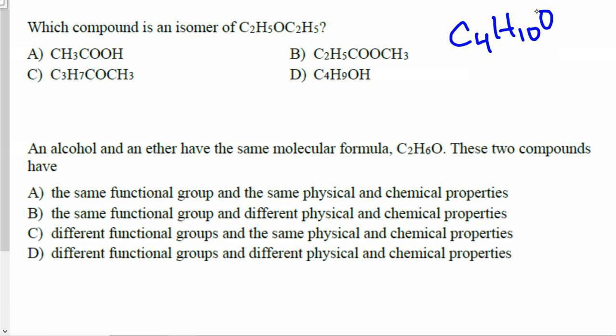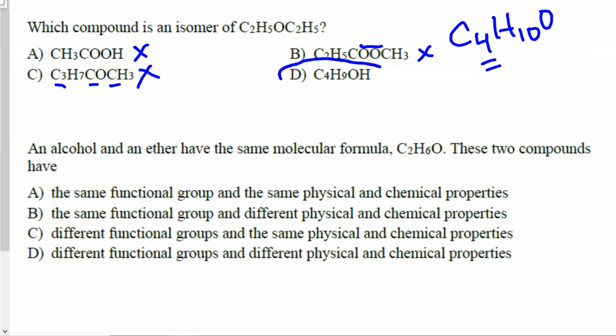So I'm looking for the same number of carbon, hydrogen, and oxygen, but with a different arrangement. In my first option, I do not have 4 carbons, so right away I can cross it out. In option C, I have 3, 4, 5 carbons. I only need 4, so I can cross it out. Option B, I have 2 oxygen. Obviously, I need only 1, so I can cross this one out as well.